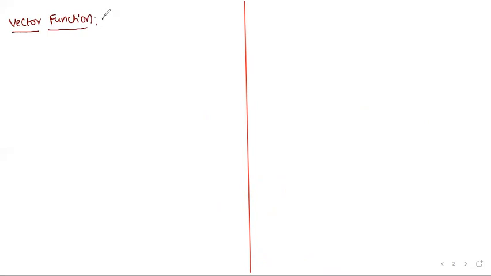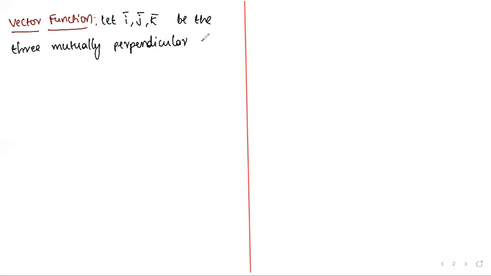In this definition, let i bar, j bar, k bar be the three mutually perpendicular unit vectors in three-dimensional space.